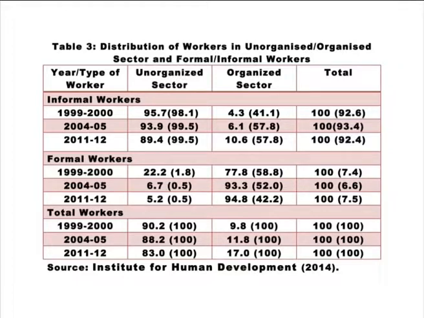This proportion has declined from about 93% in 1999-2000 and 2004-05. Interestingly, between 2004-05 and 2011-12, out of total formal workers, the proportion of those employed in the organized sector has increased from 93.3% to 94.8%, showing that now the unorganized sector has fewer number of formal workers.